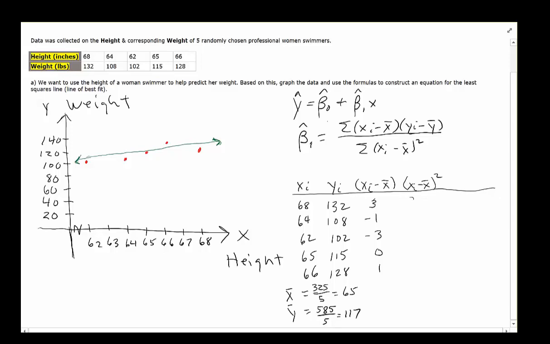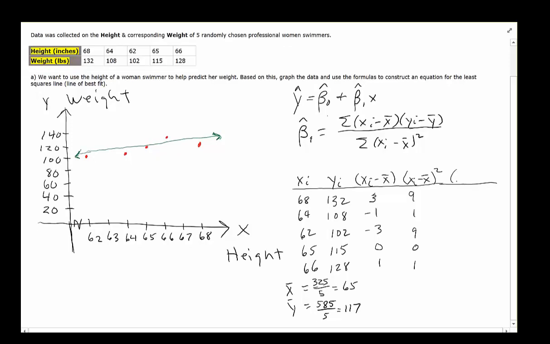And so that would be 9, 1, 9, 0, and 1. Next, I'm going to get my y sub i minus y bar. So 132 subtract 117 is 15. 108 subtract 117 is minus 9. 102 subtract 117 is minus 15. 115 subtract 117 is minus 2. 128 subtract 117 is 11.